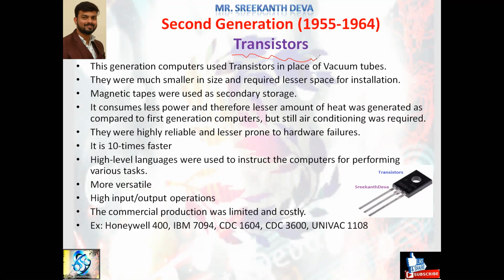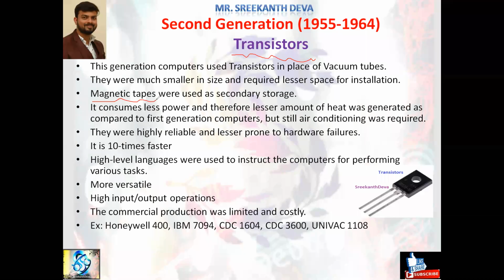Here, magnetic tapes were used as a secondary storage device. So in the first generation, magnetic drums were used, but in the second generation, magnetic tapes were used as secondary storage.